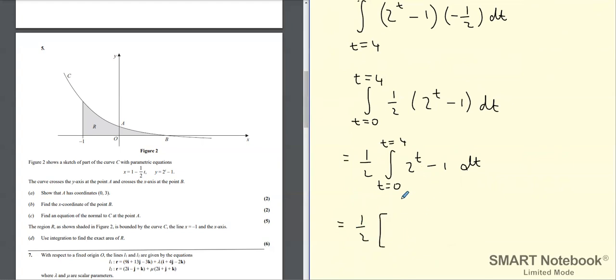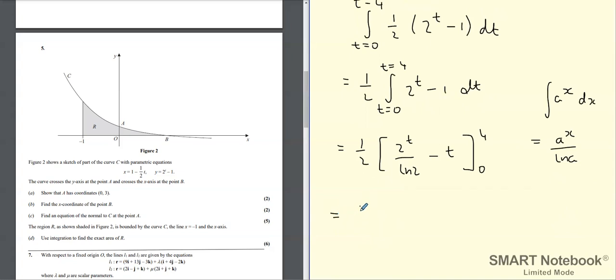Now, the integral of 2 to the power x, again, very rare, but when it does come up, most people get that wrong. The integral of a to the power of x dx equals a to the power of x over ln a. So in this case, it's going to be 2 to the power of t over ln 2 minus t between the limits of 4 and 0.